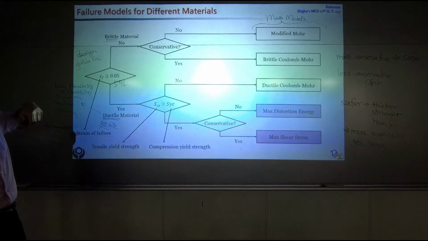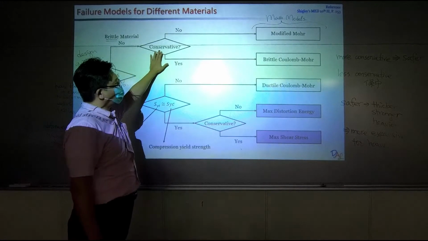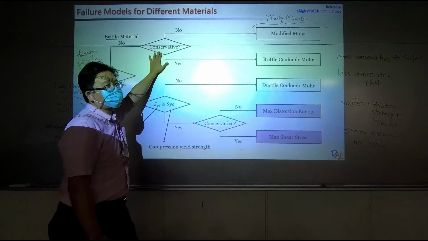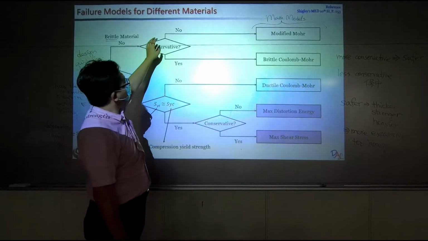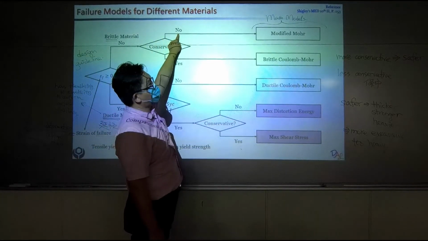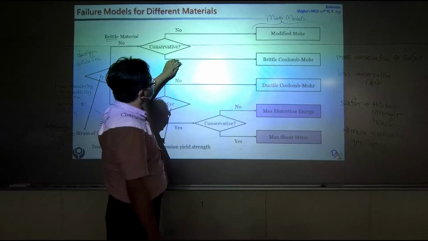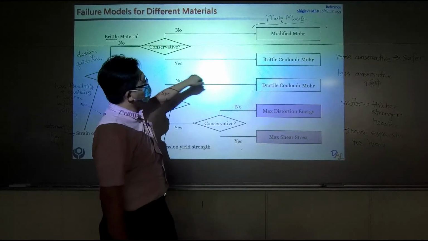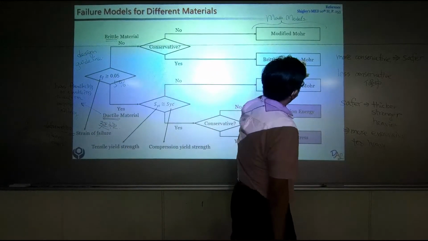Let's talk about brittle first. Then you need to check your application. Can you be conservative or not? If you decide to be conservative, then you can use this brittle Coulomb-Mohr model.